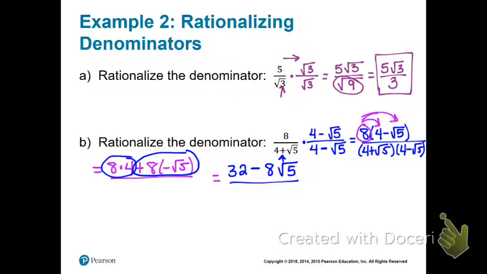So first thing we're going to do is first, so 4 times 4, I'm going to write it out, plus outside, so 4 times the negative square root of 5, plus inside, so the square root of 5 times 4, plus, and then the last, the square root of 5 times a negative square root of 5.